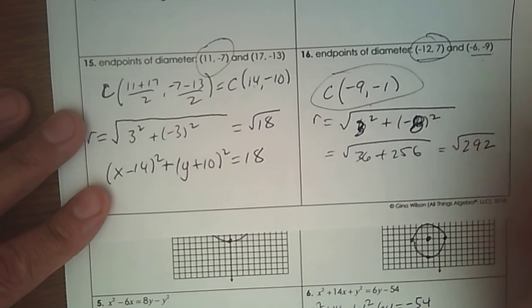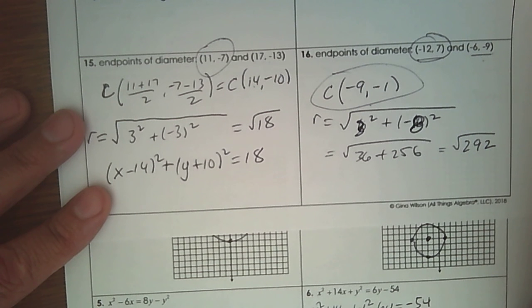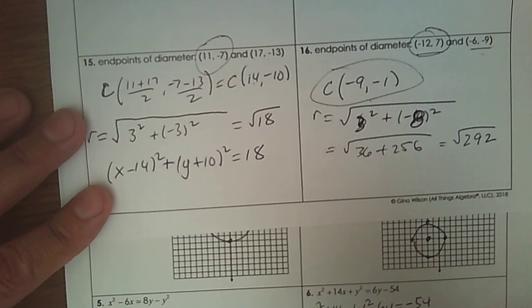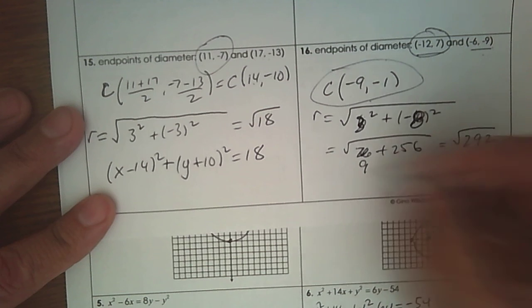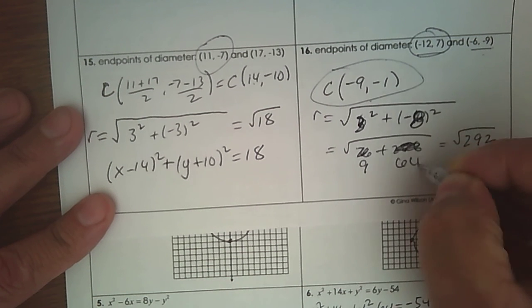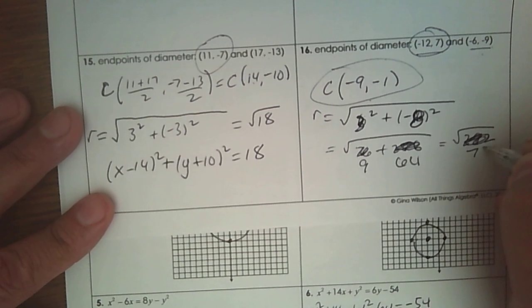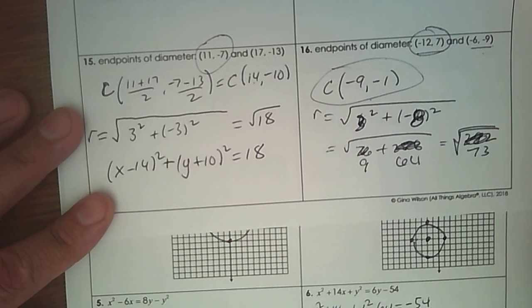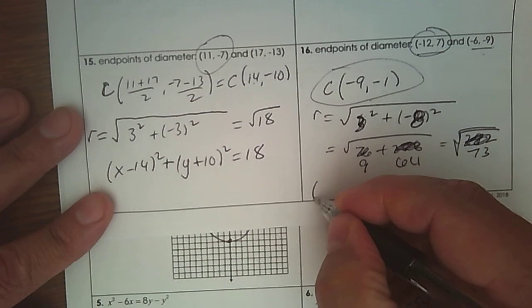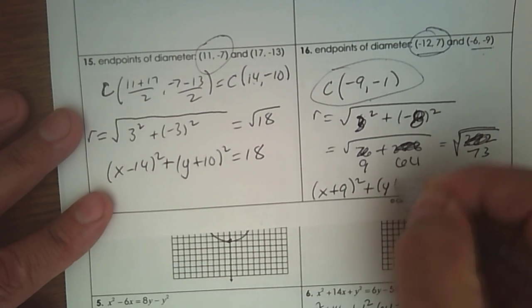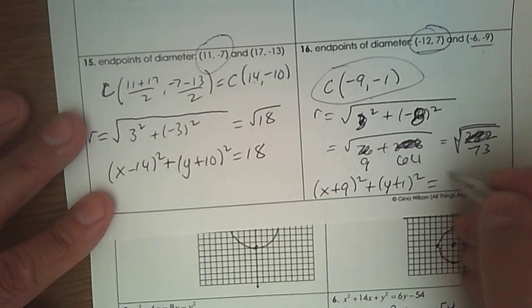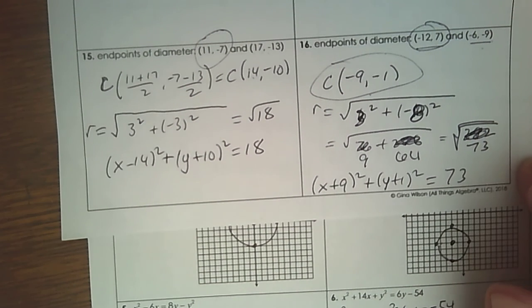I had a feeling it was wrong. So that should be 9. This should be 64. This should be the square root of 73. And now we can write our answer down. x plus 9 squared, y plus 1 squared, and square the square root, and you get 73.